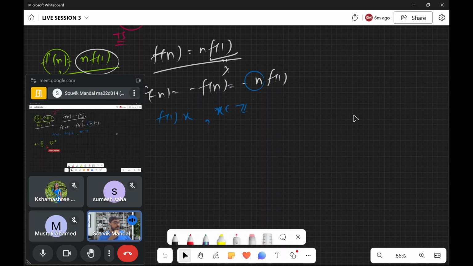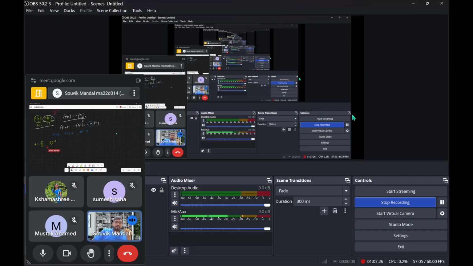Now, using additivity again, try to show that f of x equals the required expression. Whatever you tried, it is correct.